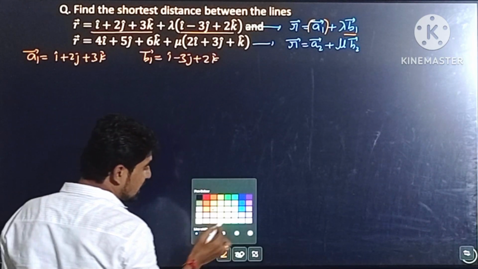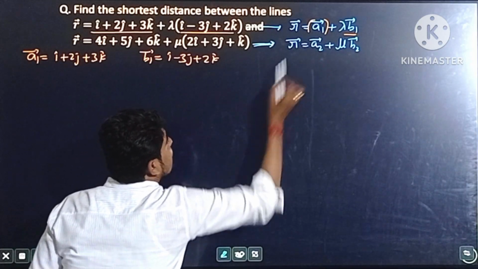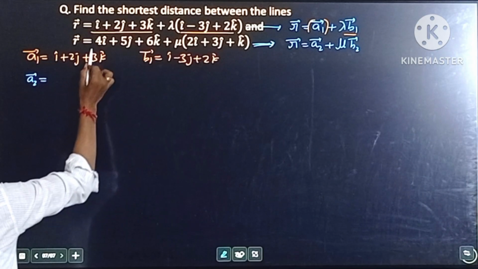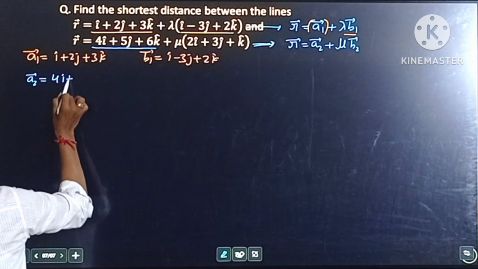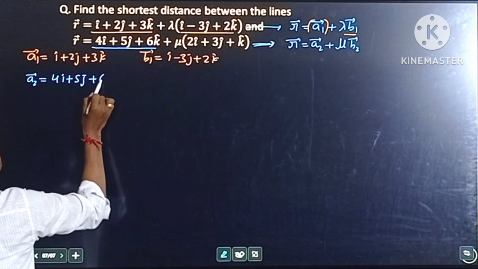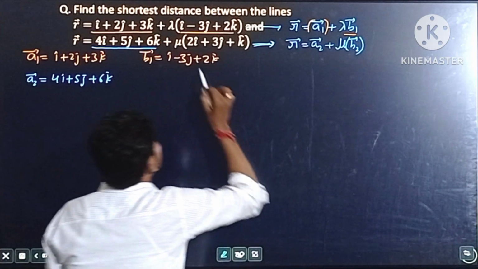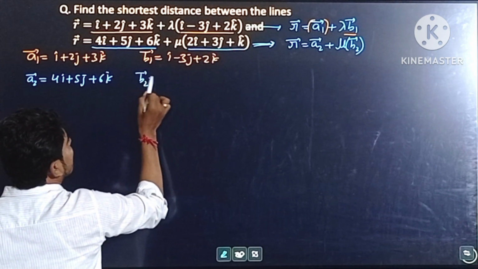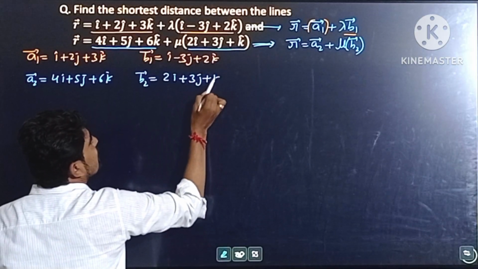Similarly, a2 vector equals 4i plus 5j plus 6k, and b2 vector equals 2i plus 3j plus k.